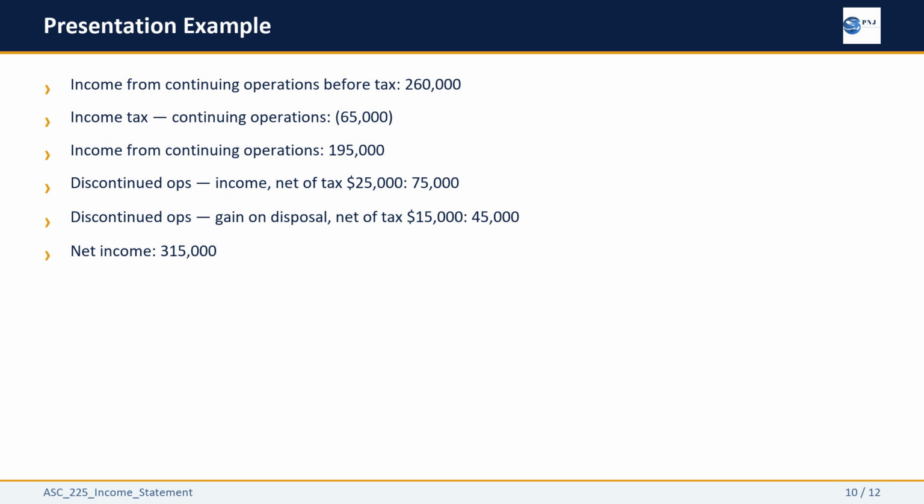Those two discontinued amounts total $120,000, bringing net income to $315,000. Notice that each discontinued component discloses its tax effect parenthetically, giving readers the gross amounts if they need them.